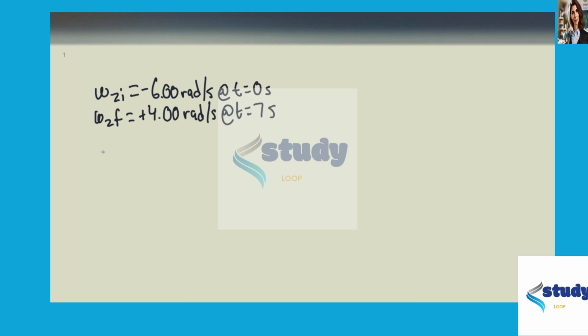So this means that for A, the angular acceleration is going to be the derivative of the angular velocity with respect to time. And we know that angular velocity is increasing linearly with respect to time, so this will be positive. So that means that the angular acceleration is positive throughout the entire 7 seconds.